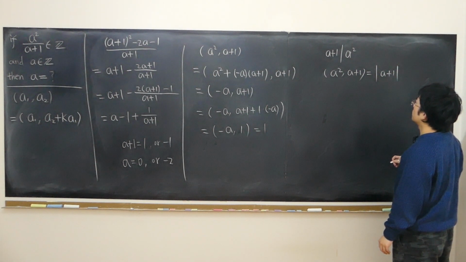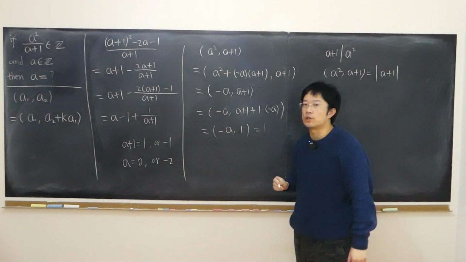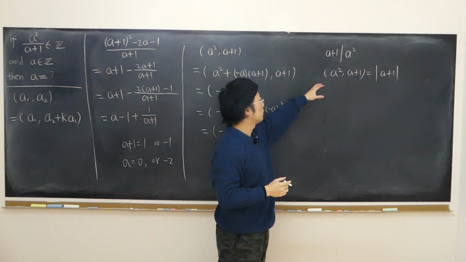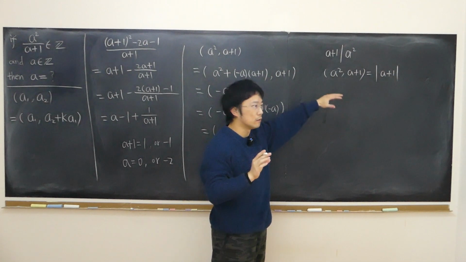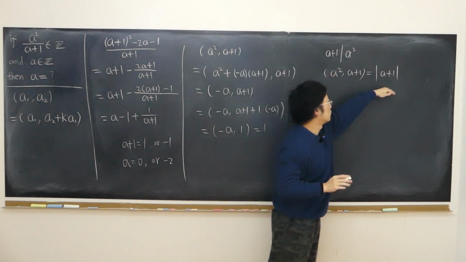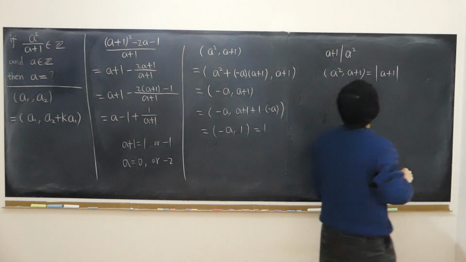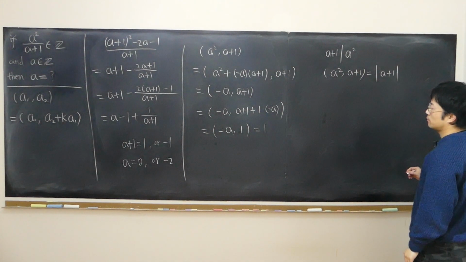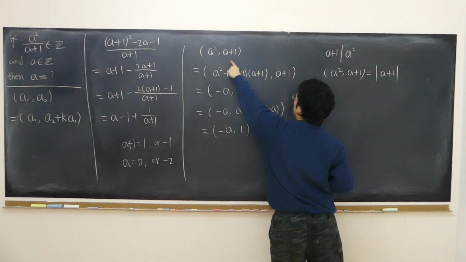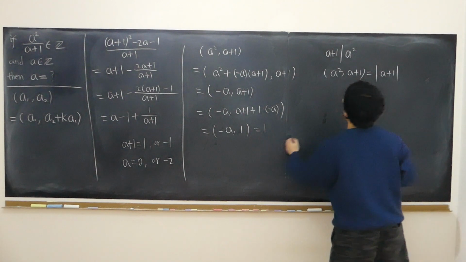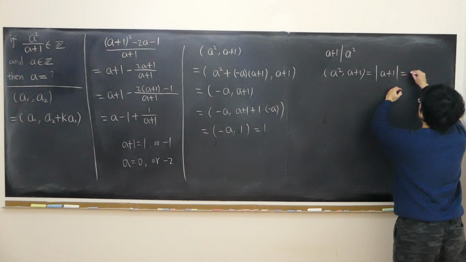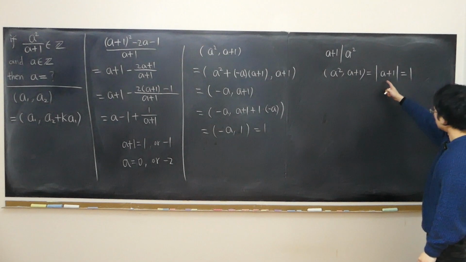If a plus 1 happens to be a negative integer, say negative 3, then the GCD has to be positive 3 in this case. It's always positive, so this is to be safe. If it's positive 3, then it's positive 3, fine. Like I said, I've proven that the GCD between a squared and a plus 1 is exactly 1. So the GCD of a squared and a plus 1 is equal to 1, also equal to this value.